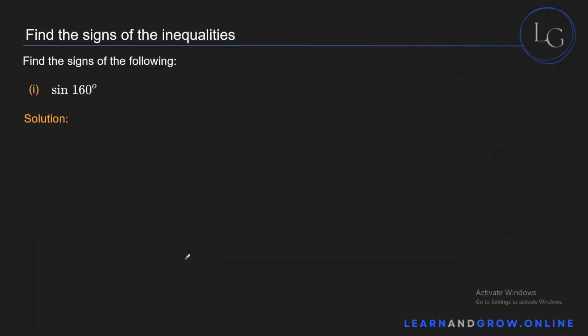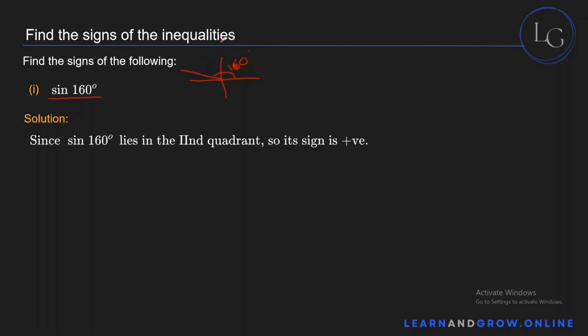And let's see. Find the signs of the following. Sine 160. If we make this grid over here, 160 lies somewhere around here. This is the angle of 160 degrees. So this angle lies in the second quadrant, and we know that the sine functions are positive in the second quadrant, so it is positive.